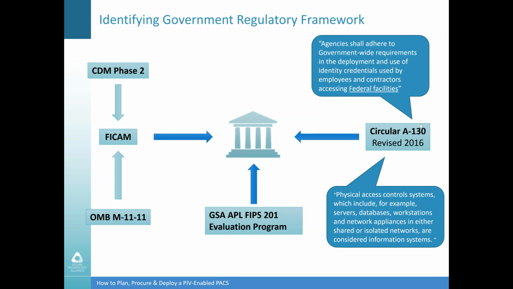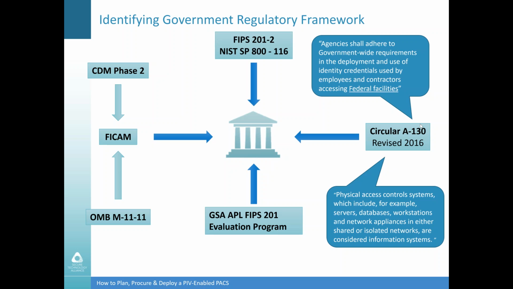So within the CDM program, there's phase 1, 2, 3. Phase 2 is about identity management. This is the applicable area, and we can talk more about this later, but CDM phase 2 actually refers back to FICAM. So in my mind, if you do FICAM right, you're also achieving the CDM phase 2 requirements.